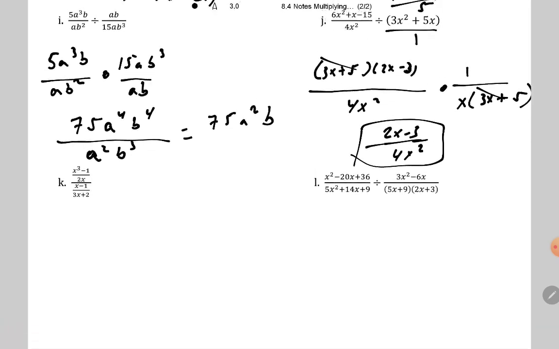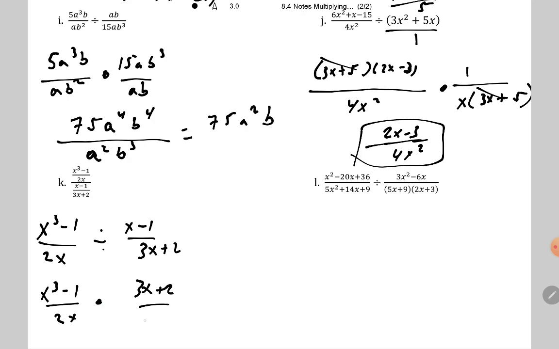Okay, what if we have a fraction divided by a fraction? Remember, this is the same thing as this. Okay, so now that we've written it that way, we just need to keep the first fraction the same, change division to multiplication, and then flip the second fraction. Factor what we can.